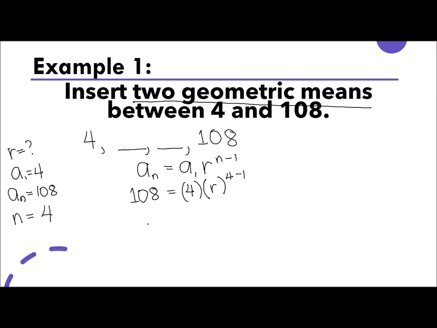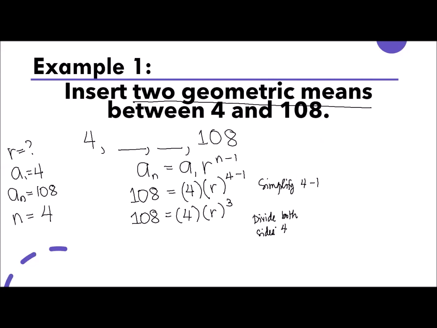So, please focus. So, we're going to simplify 4 minus 1, which is the exponent. So, bring down 108, bring down as well 4. We will have r raised to 3. Okay? And then, we're going to divide both sides by the first term.